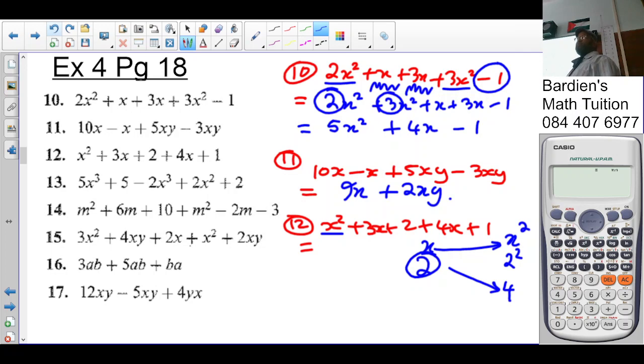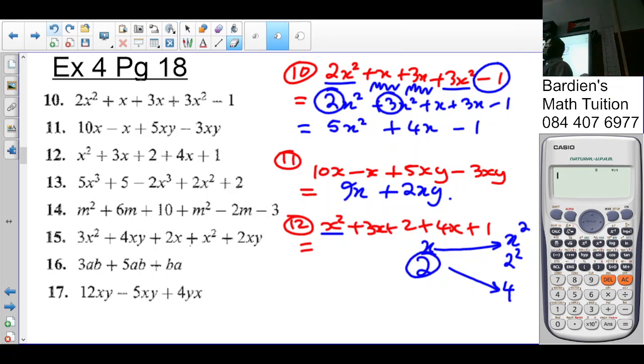Can you see 2 can't be the same as 4? So x is not a like term with x squared. Although both have x's, because of that square it makes them unlike terms. It's like having naartjies and oranges. It might look the same, but they're not the same.